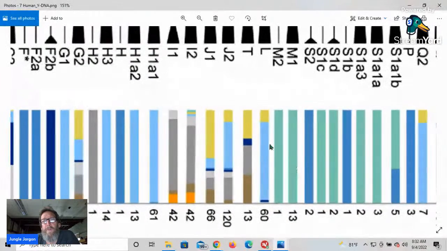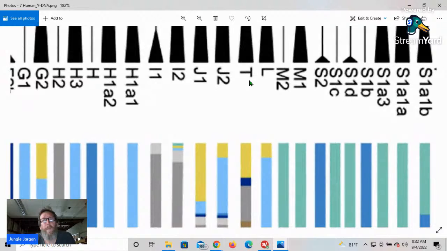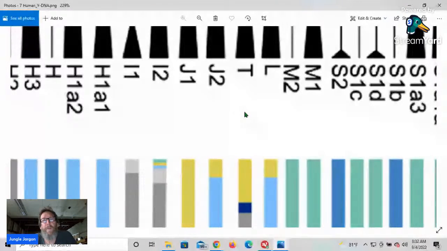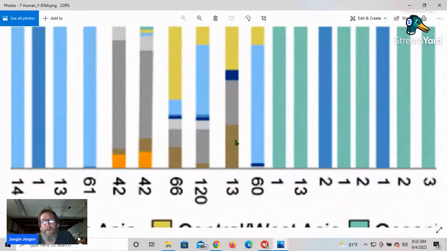Oh, look at it. What's this? It's a T. What's a T? At the TY chromosome in America. Oh, that's interesting.